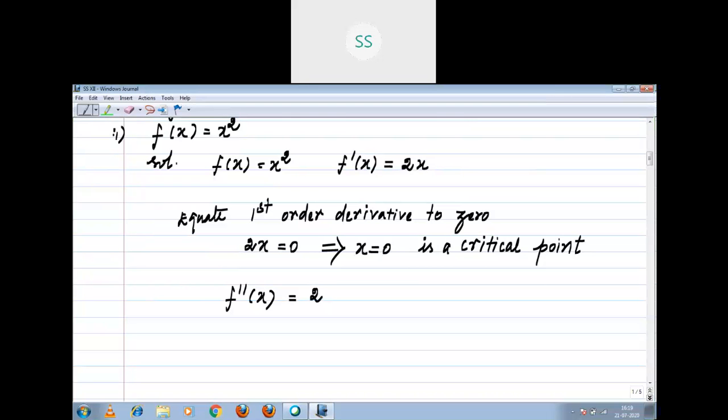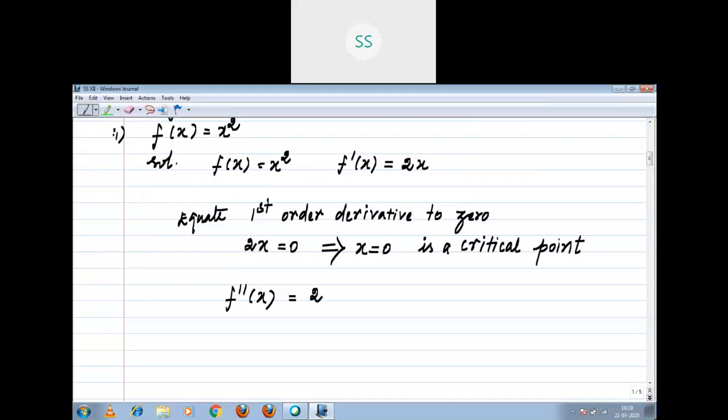Then you should find out the second order derivative. Then you substitute the x value in the second order derivative if x is there. The second order derivative only will decide whether the given function is local maxima or local minima.